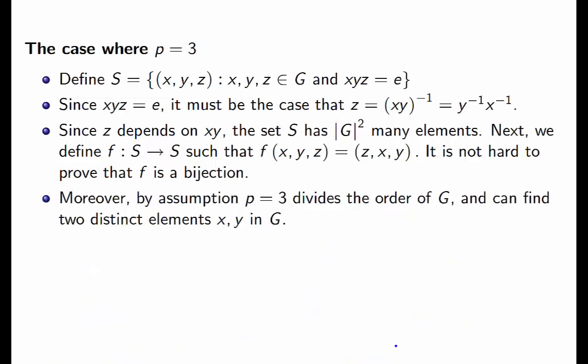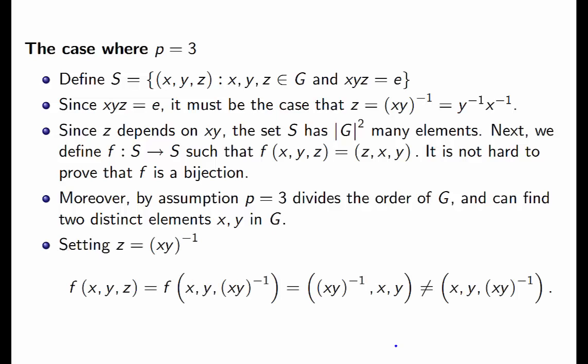Now, the assumption that p is equal to 3 and 3 divides the order of G means that we can find two distinct elements in G and call them X and Y. So G has at least 3 elements, and if you disregard the identity, you should be able to find two distinct elements.